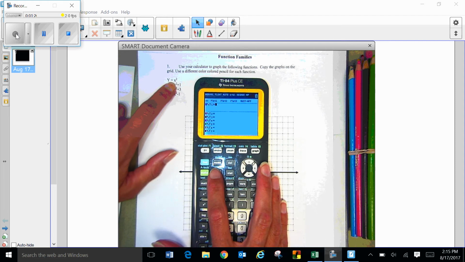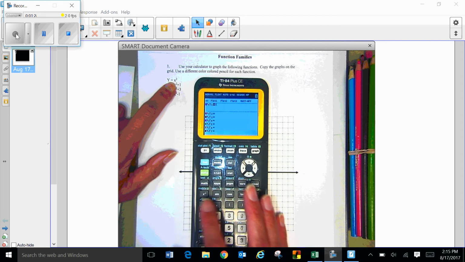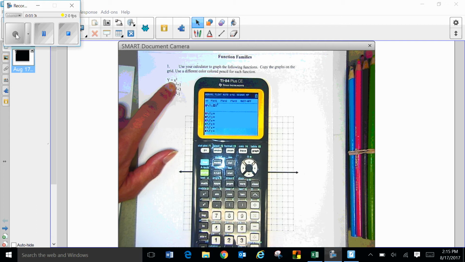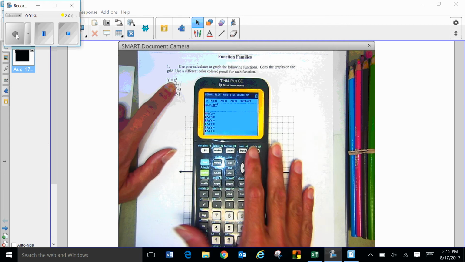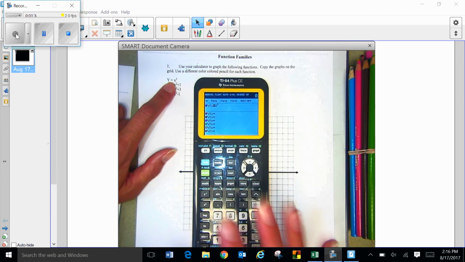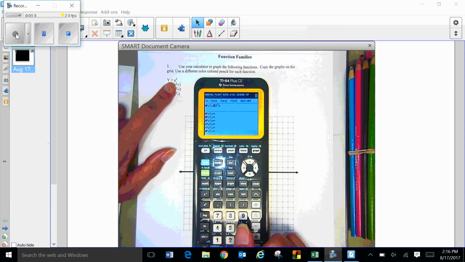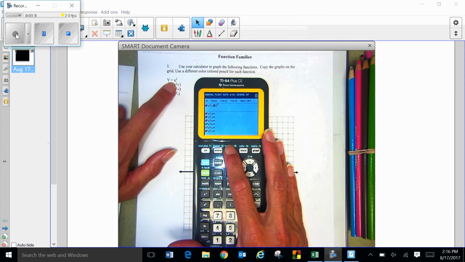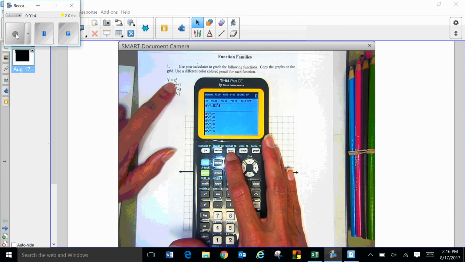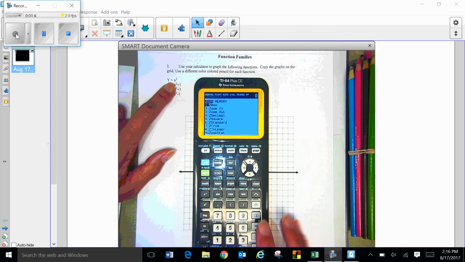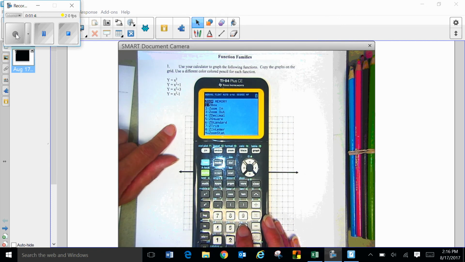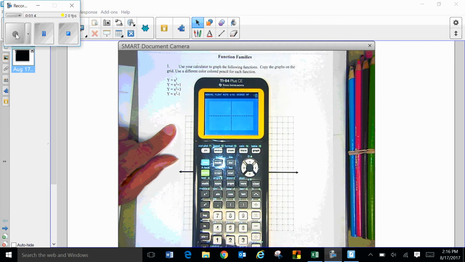Now, if I want to look at a graph of it, I recommend, since other people have been using these calculators, you may go ahead and hit zoom, which is right here, and then the number 6, because that's a standard zoom that puts you back in a 10 by 10 window, or -10 to +10, both on the x and the y axis. So you can see you get a U shape.